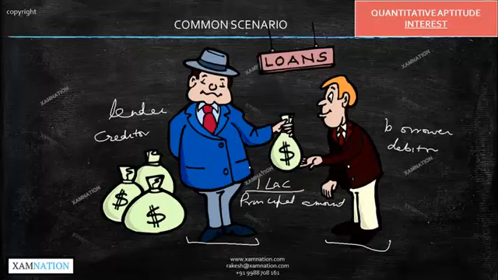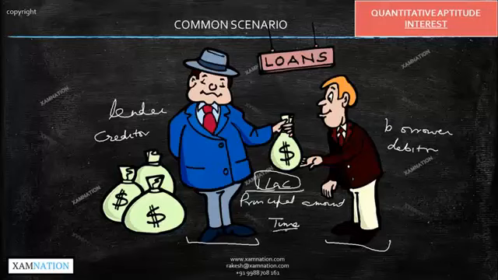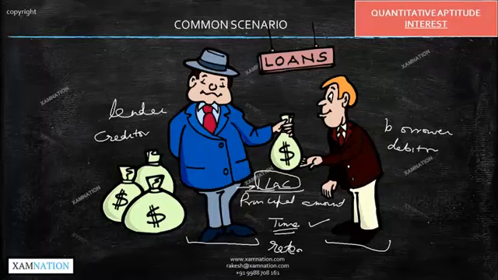Basically both of these parties, the lender and the borrower, are entering into an agreement in which both agree that this much amount of money is being lent to the borrower for a given period of time, right? So they are specifying the time, and they are also specifying the rate of interest which the lender will charge on this amount of money.